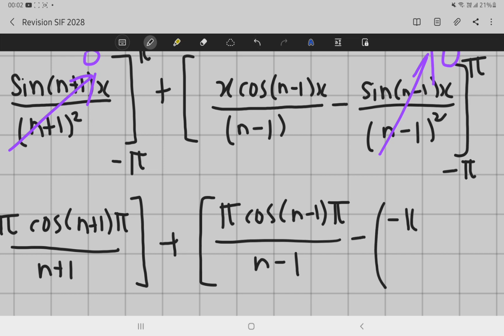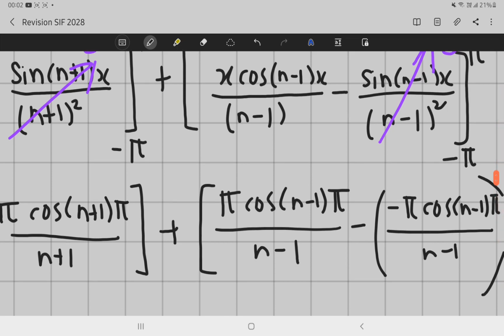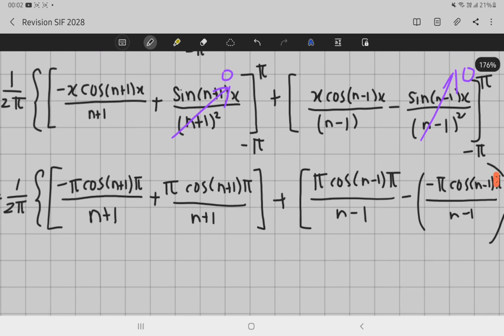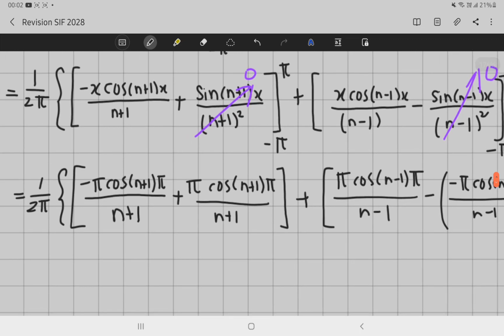Minus, so minus pi cosine n minus 1 pi over n minus 1, like that. Let me check if I'm making any mistake.